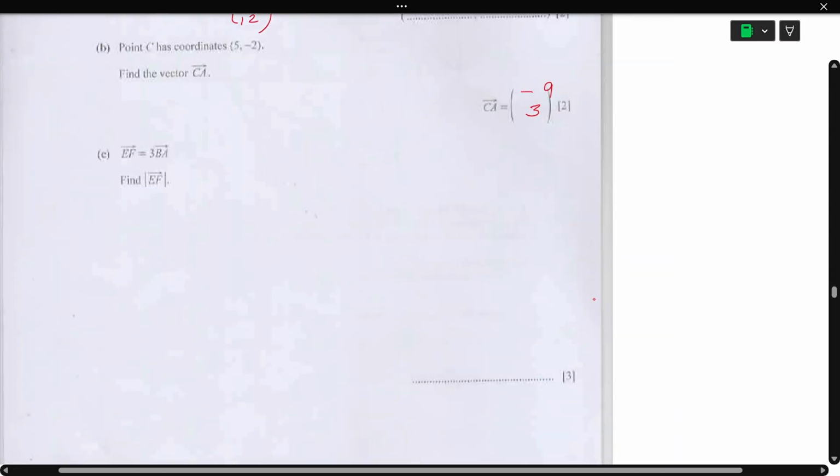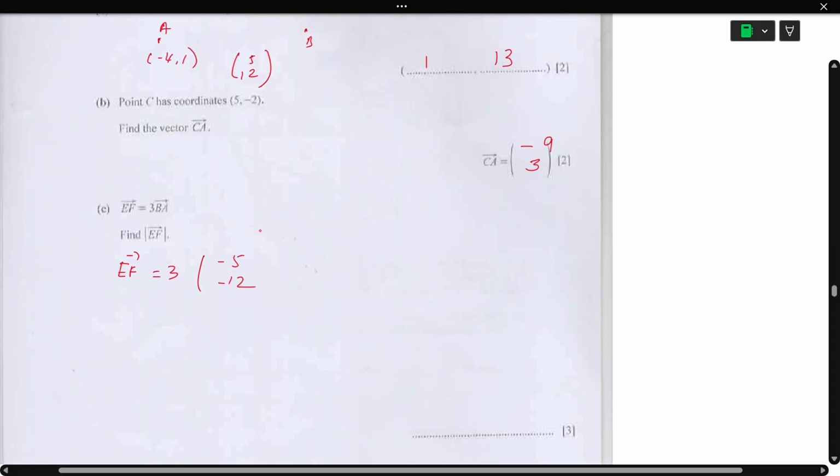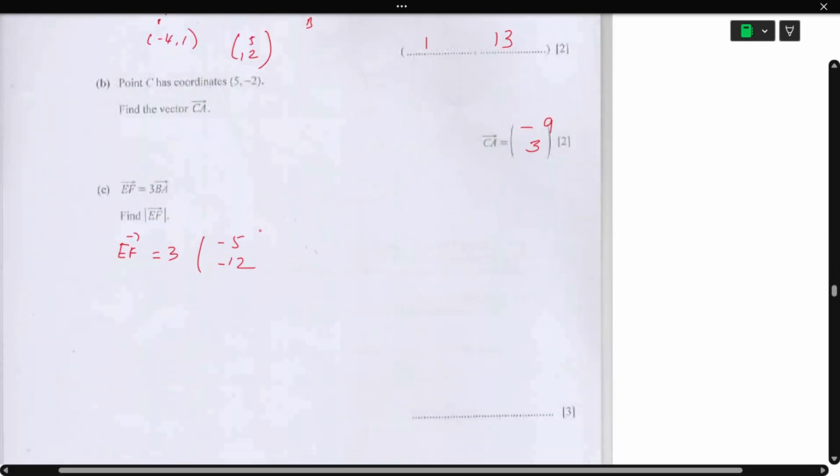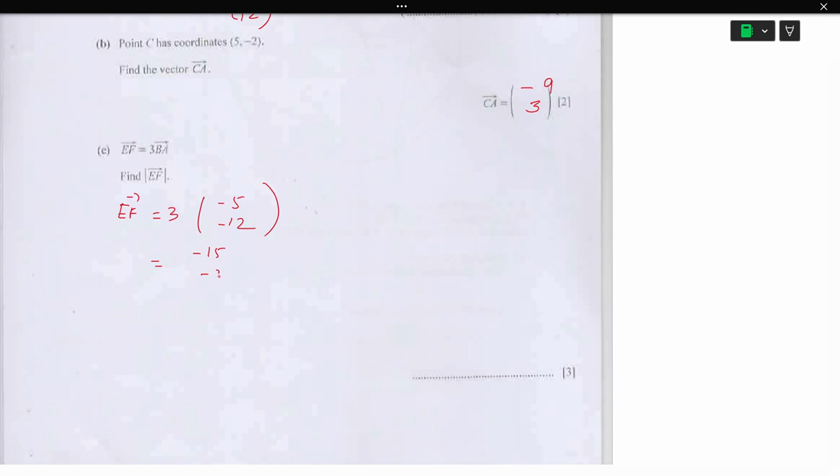Next question, EF equals 3 times BA. BA is given already at the top, -5 and -12. So EF equals -15 and -36.